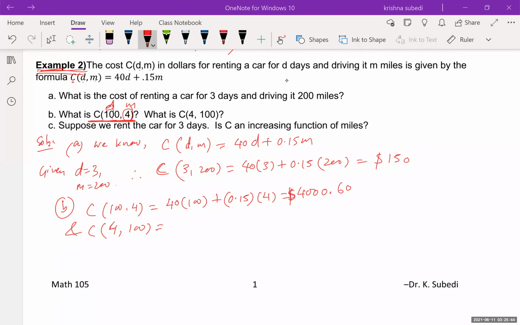And now we need to calculate the other one, which is 40 times 4 plus 0.15 times 100 equals, you can calculate this. How much is this again? Am I right?